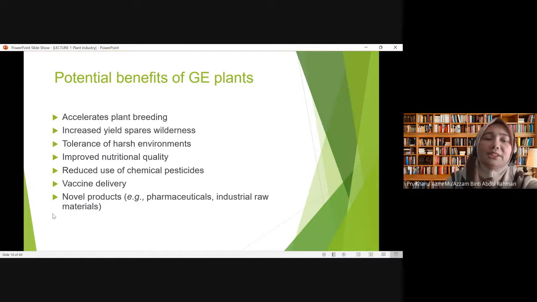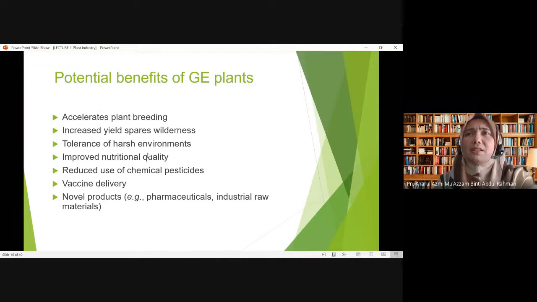Okay, so this is the potential benefit of genetically engineering plants. Okay, it can accelerate plant breeding, boleh mempercepatkan plant breeding, increase yield, and then tolerance of harsh environment, lebih tahan kepada persekitaran yang kurang hujan ke, kurang air ke, panas ke, dia masih lagi boleh hidup berbanding dengan pokok liar lah, yang tak ada genetic engineering kan.